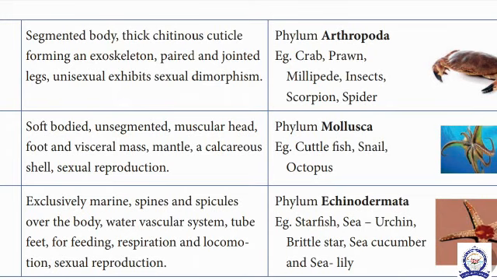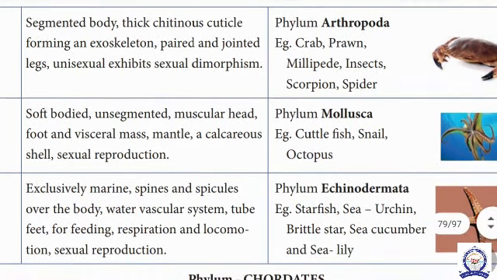The next phylum is phylum Arthropoda. Arthropoda means they have jointed legs. All have a segmented body, with a thick chitinous cuticle forming an exoskeleton. The outer surface of the body is made up of chitin. It is a hard substance attached to the outer surface of the body to protect the inner part.